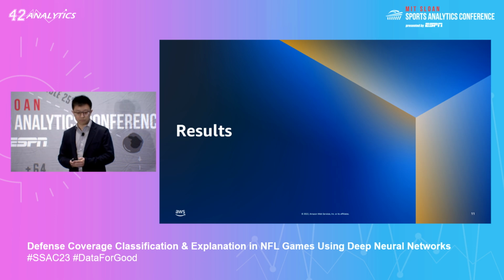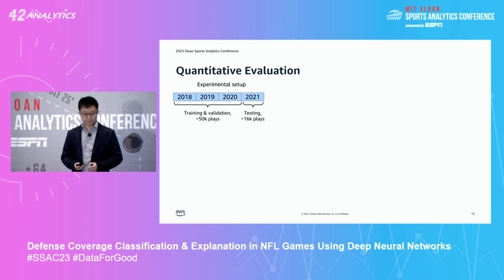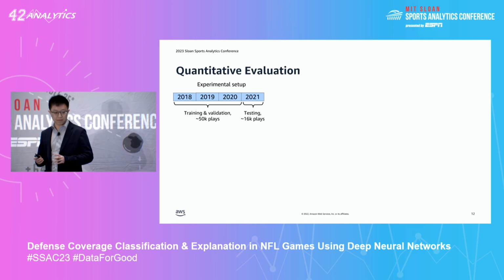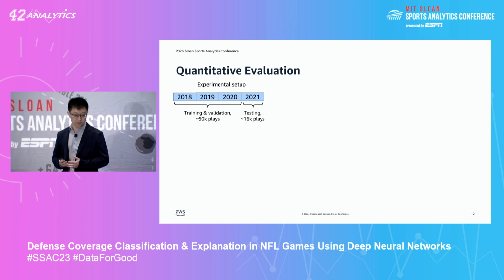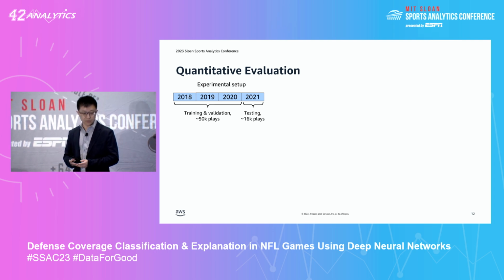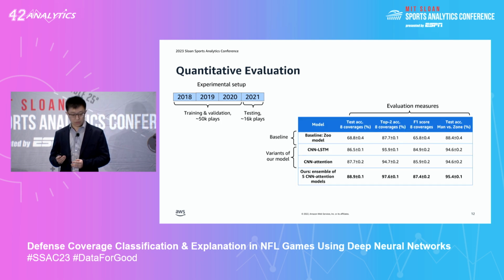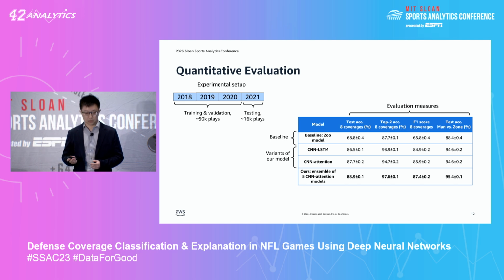Now let's look at some results. We first perform a quantitative evaluation utilizing 4 seasons. We utilize the first 3 seasons for training and validation, and the 2021 season for testing. So here are the evaluation results. We compare with a baseline called the Zoom model. This is the model derived from one of the previous Big Data Bowl Kaggle competition winning solutions.